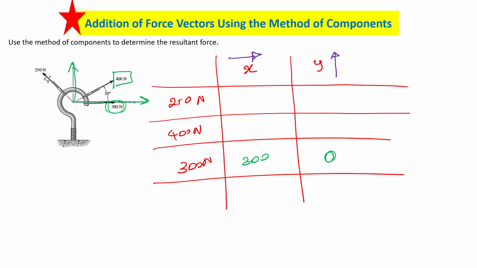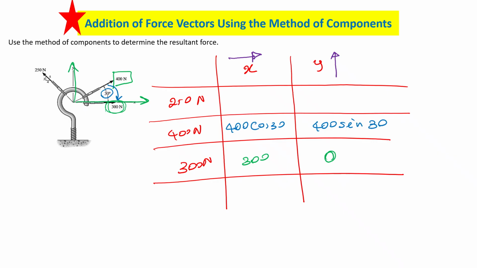Which one is cos? This direction, you know the angle. The direction next to the known angle is cos. So 400 cos 30, and positive because it is towards the right. And the other one is 400 sine 30. Again, it is positive. Am I right?